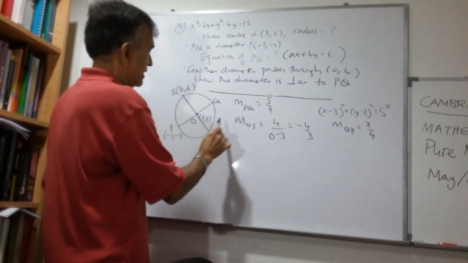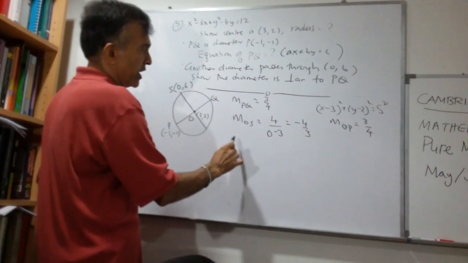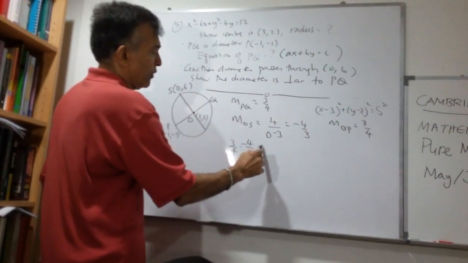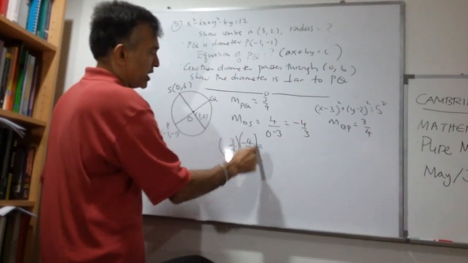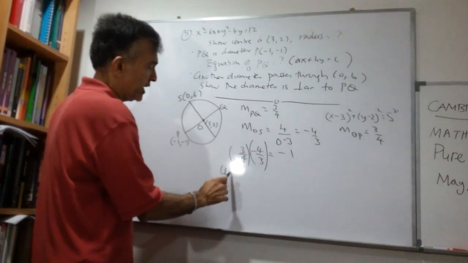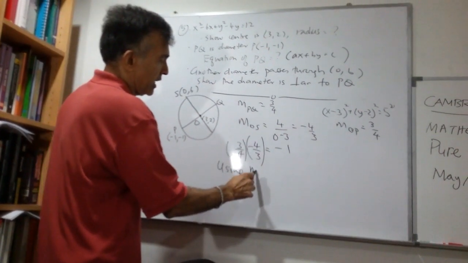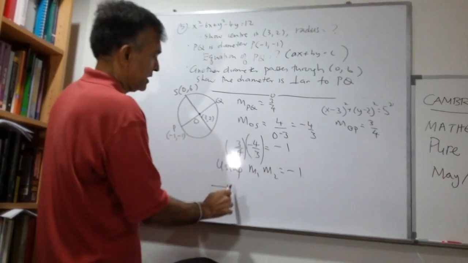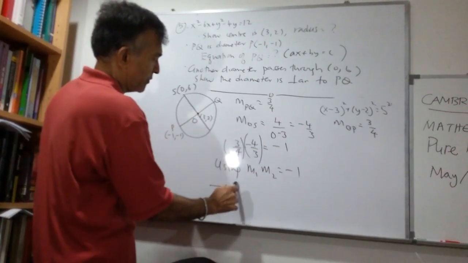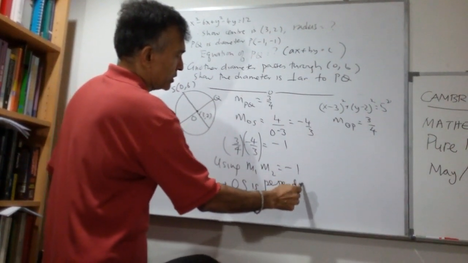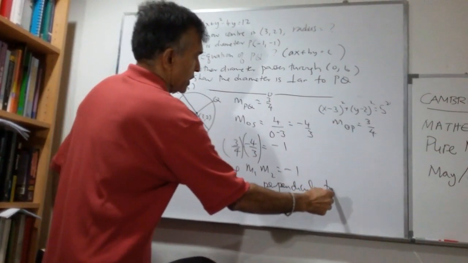Looking at these two lines and their gradients, 3 over 4 times negative 4 over 3 is negative 1. So using the idea of m1 times m2 equals negative 1, we have shown that this line OS is perpendicular to PQ.